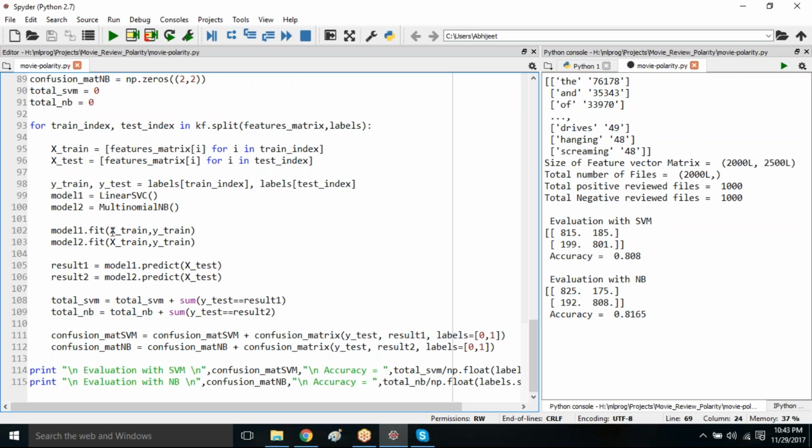You give the whole data set here, and in the labels you give, like in 96, the first 33 is this, the second 33 is that. Training and testing, like that only they have done. The first 1000 files are 0, then the second 1000 are 1. So like that it divides.